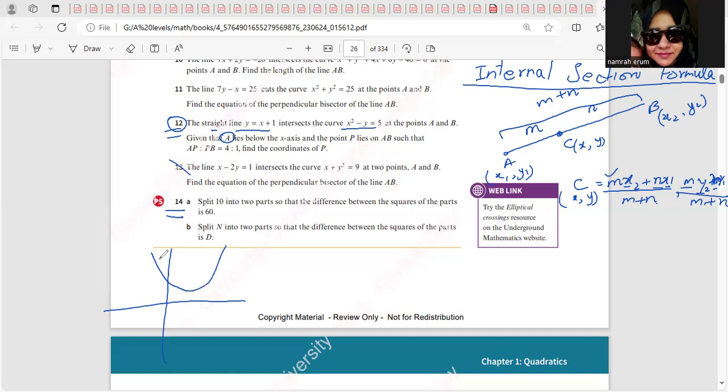A should be below. Given that A lies below the x-axis and the point P lies on AB, on this line there is some point P. It is dividing the whole line AB in the ratio AP, let's suppose this is AP and this is PB, sorry, and the ratio is 4:1. So this is the scenario.